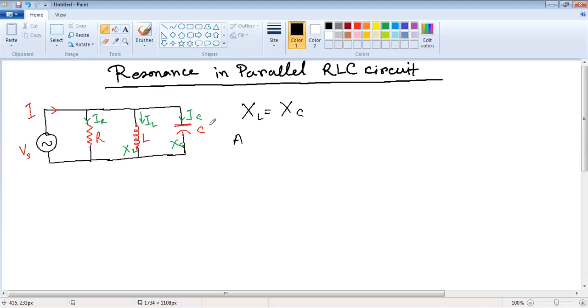So current and voltage are in phase. Impedance Z becomes purely R, and impedance is maximum, so current is minimum, because if the resistance is high, the current goes downward. Write down this property, because it was asked as a short question.